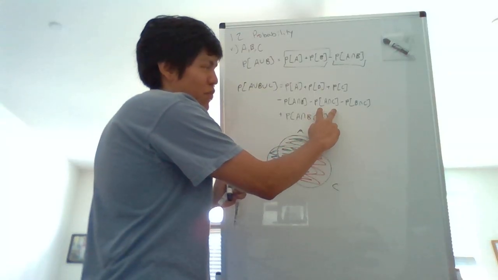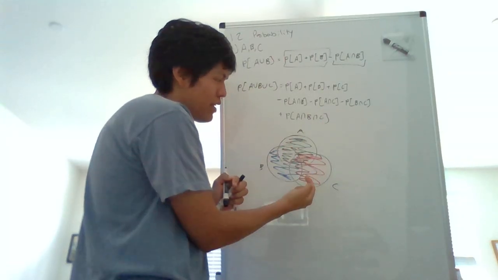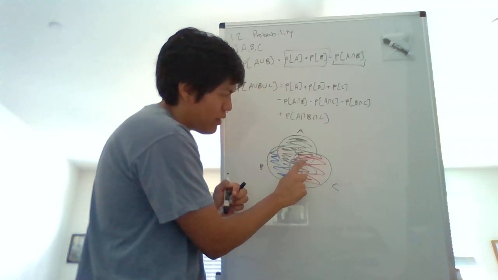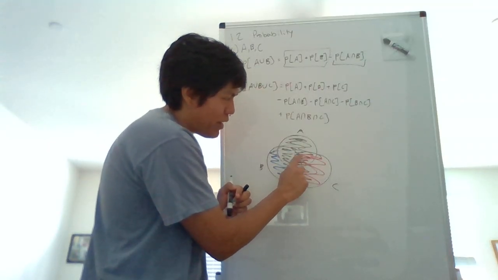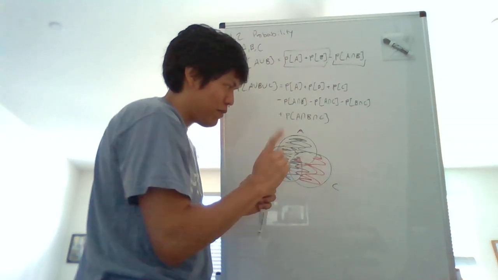Okay, we also have to subtract one probability of A intersect C, which is right here, where it's black and red. So now let's make it black, because we're only subtracting one.